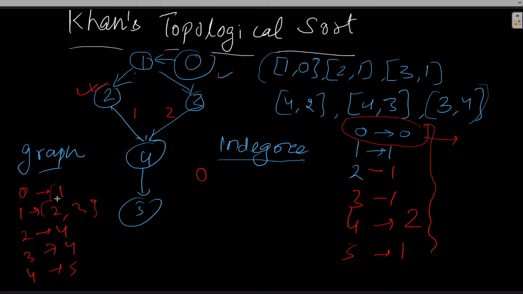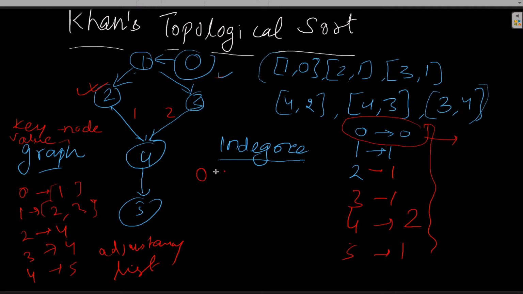This is the format of an adjacency list. So we will represent the graph like this, where the graph is represented as key-value pairs, where the key is the node and the value is the list of neighbors. So in this case, 0 has a neighbor 1, 1 has neighbors 2 and 3, like this.